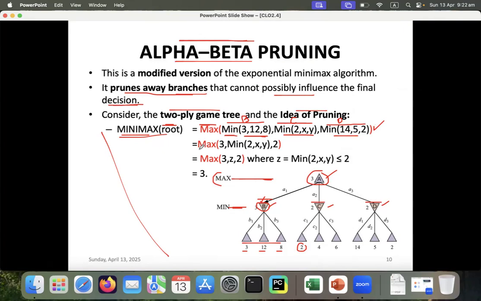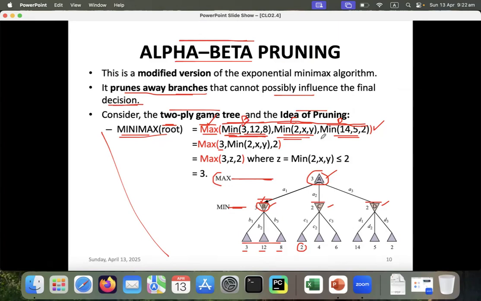Okay, now moving here. The max, this red one, from these three values, will try to get the maximum value. But inside we have the min player, and that min will try to give the minimum value. So the inside will execute first, and from these three values, min will give us the minimum value, which is 3.